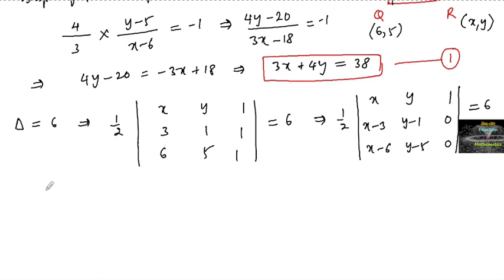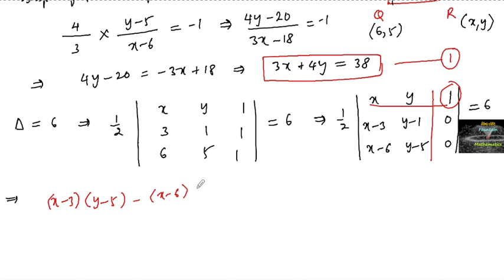Or we can write mod of the determinant directly: 1 times of (x minus 3) into (y minus 5) minus (x minus 6) into (y minus 1), and taking the mod, is equal to 12.